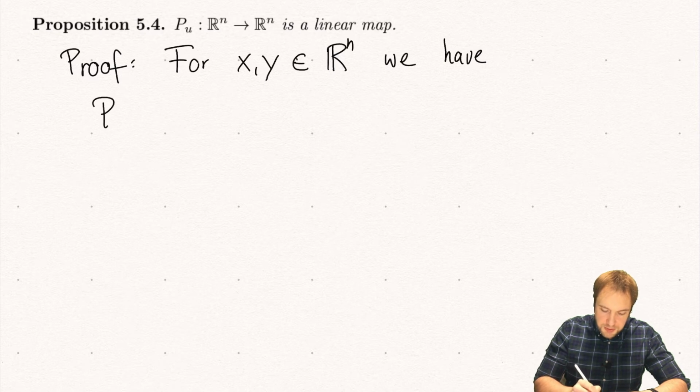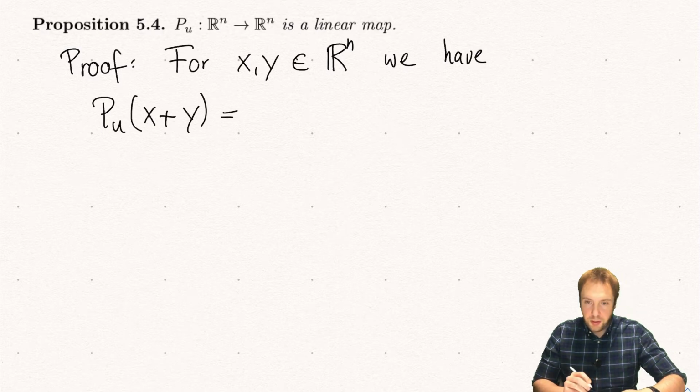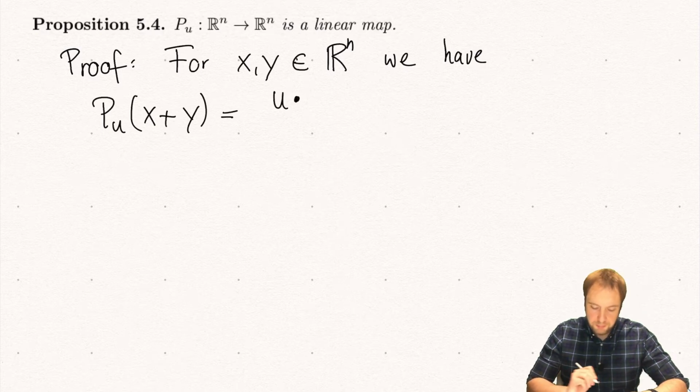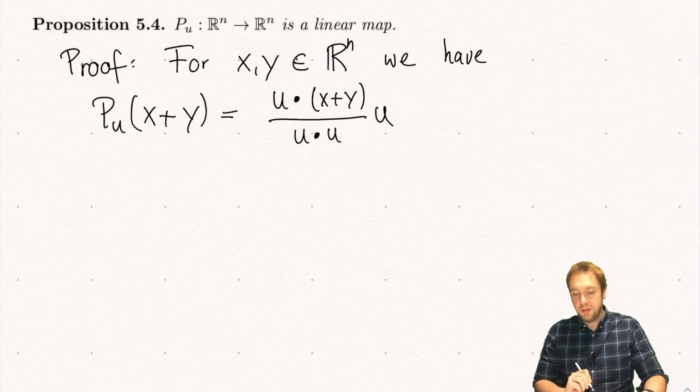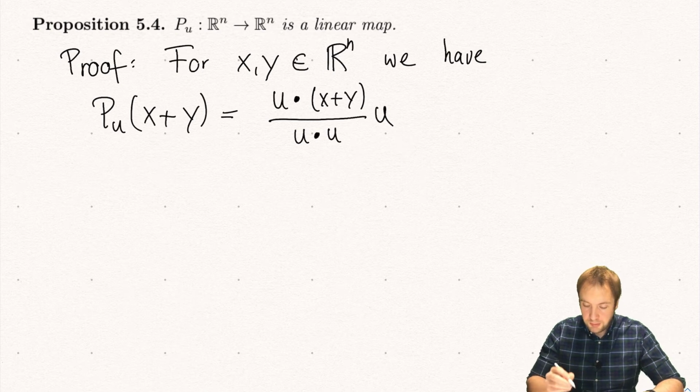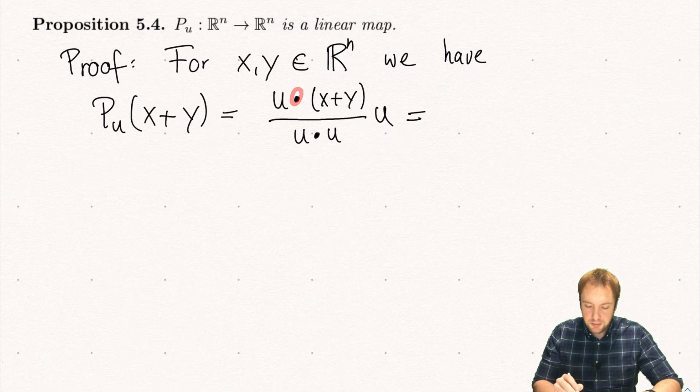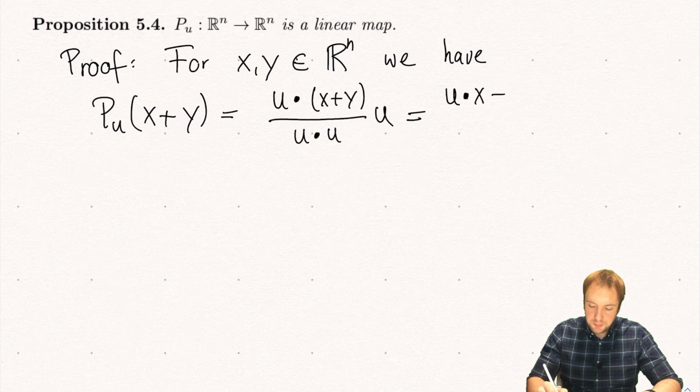So what is pu of x plus y? Well, by definition of this map pu, this is the scalar product of u with x plus y, divided by the scalar product of u and u, and this multiplied with u. And now we can use the property of the scalar product here. We can first take the scalar product with x and then the scalar product with y, times u.